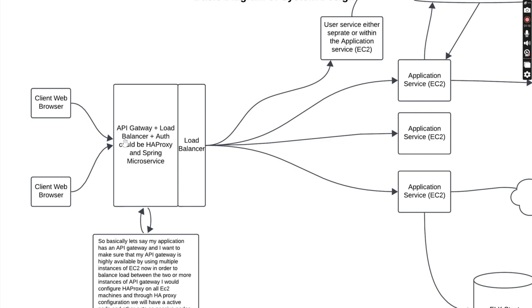Second, it balances the load, which is a separate component in itself, but it's doing that as well. And the third thing that it can do is authenticate the request. When a request is received at the API gateway, it tries to make sure that this request is legitimate, and it then forwards the request to the appropriate application.